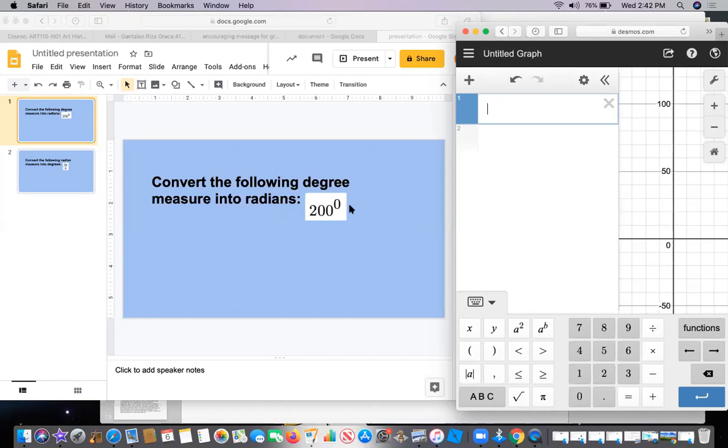Okay, so when we talk of degree, that means there is a circle, and that circle is divided into 360 parts. So when we have a whole circle, the whole circle is 360 parts.